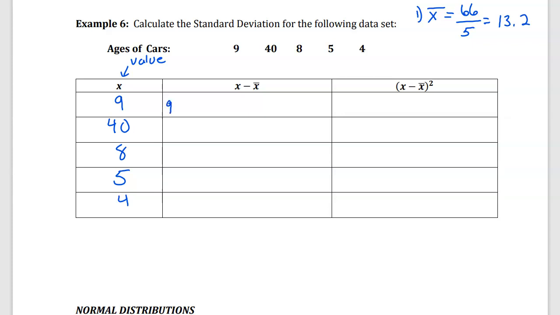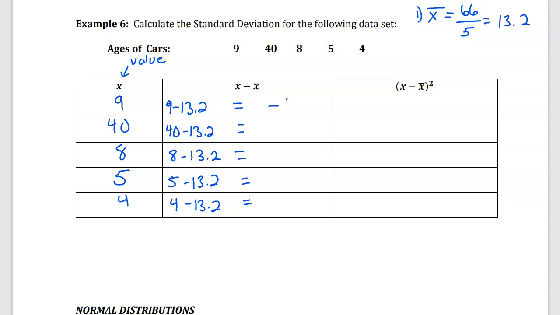So I'm going to take 9 minus 13.2. I'll take 40 minus 13.2. 8 minus 13.2, 5 minus 13.2, and 4 minus 13.2. And I will get those values.